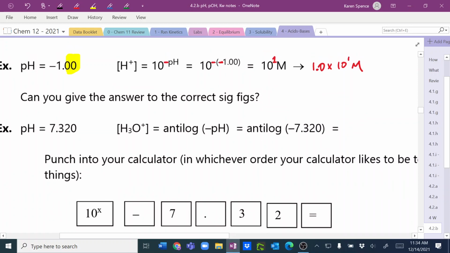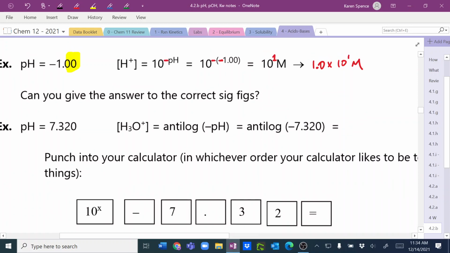Let's see if we can do this next one. See if you can plug this into your calculator and get the correct answer. Let's just make sure all our calculators are doing what we want them to. So 7.32.